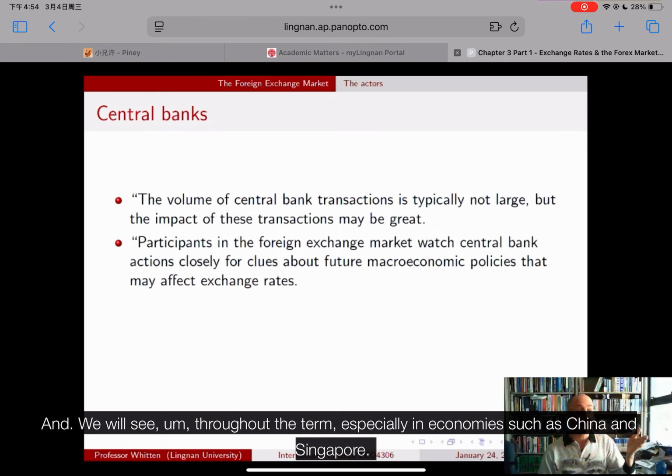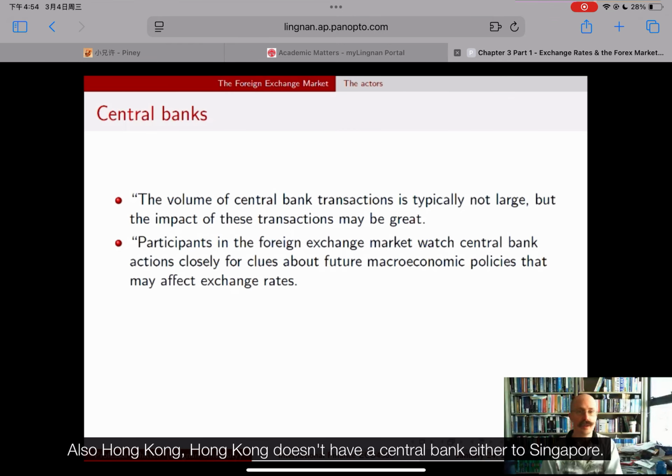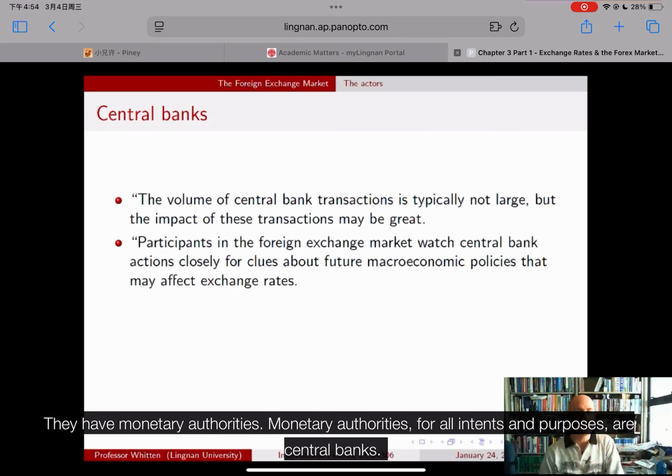And we will see throughout the term, especially in economies such as China and Singapore, also Hong Kong. Hong Kong doesn't have a central bank, well, neither does Singapore. They have monetary authorities. Monetary authorities, for all intents and purposes, are central banks.